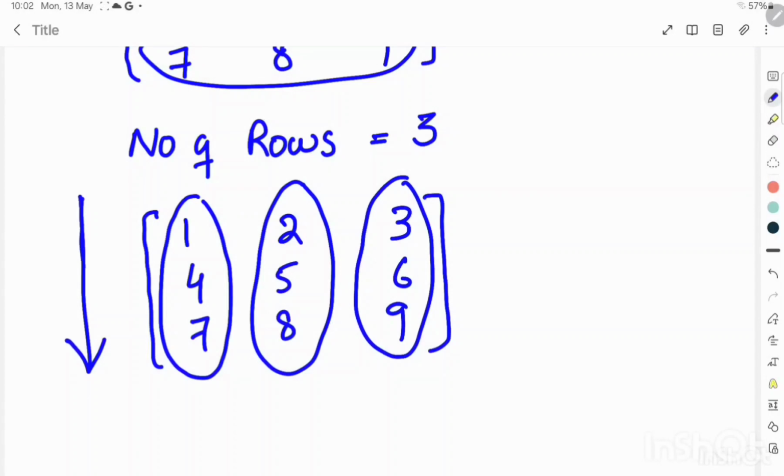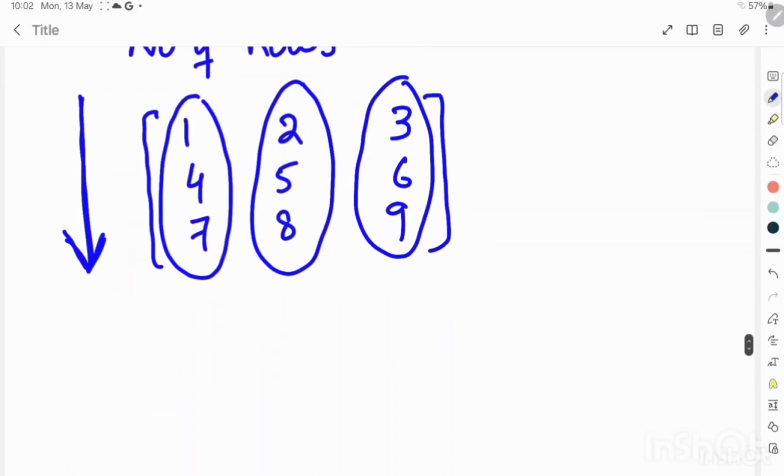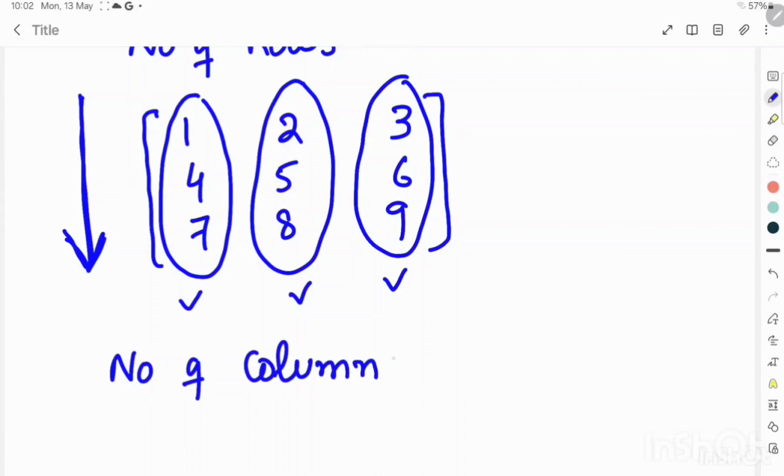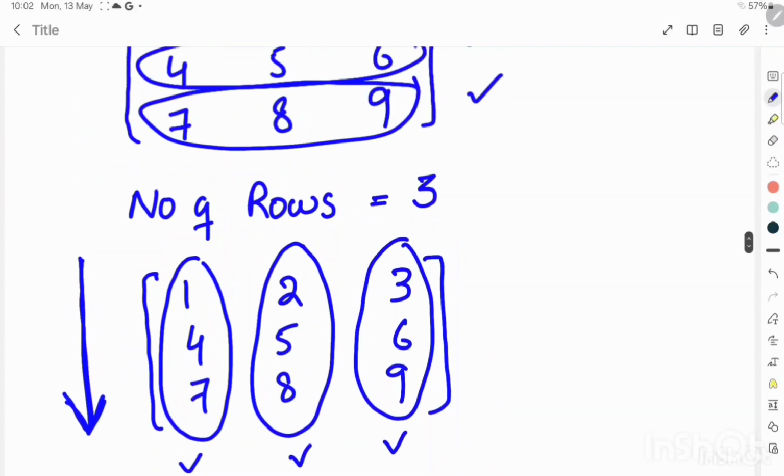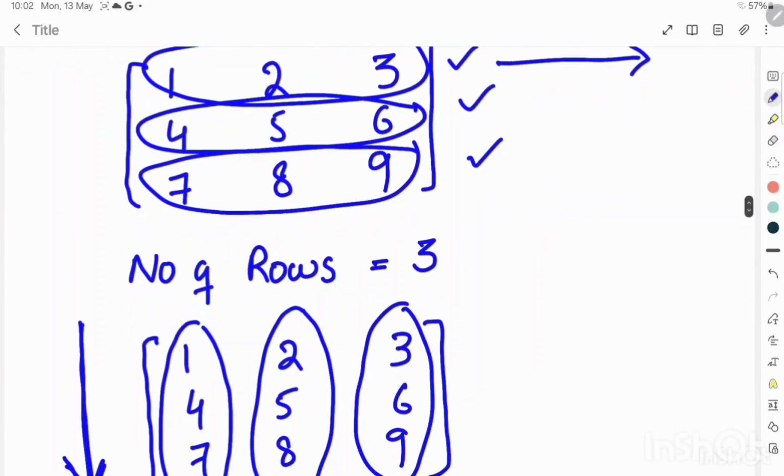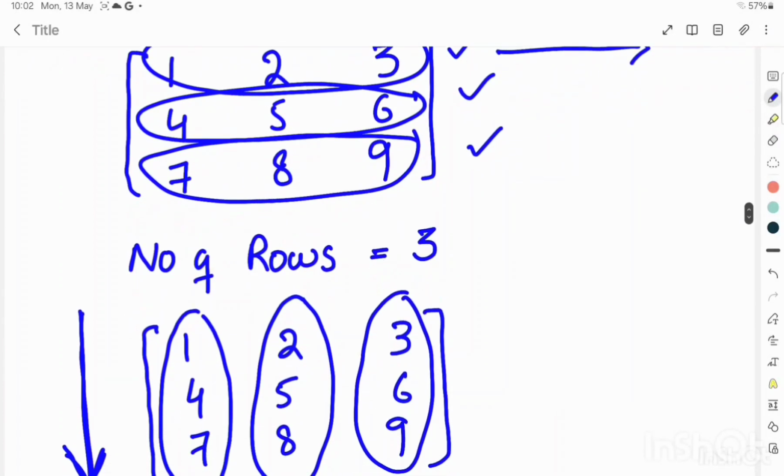The position is vertical, going from upward to downward. In this matrix you can count the number of columns. There are 3 columns. So here I can write number of columns is equal to 3.